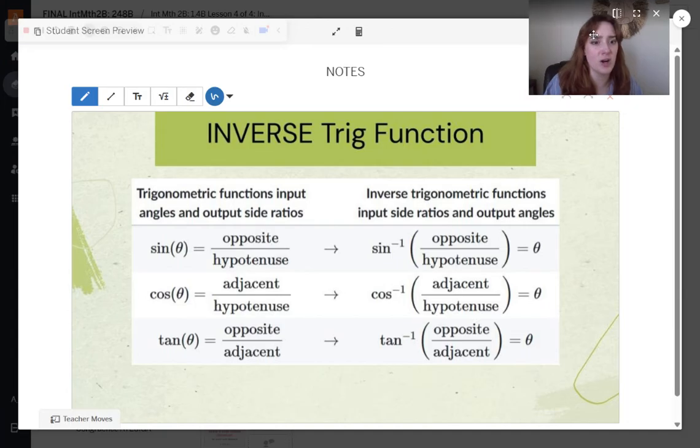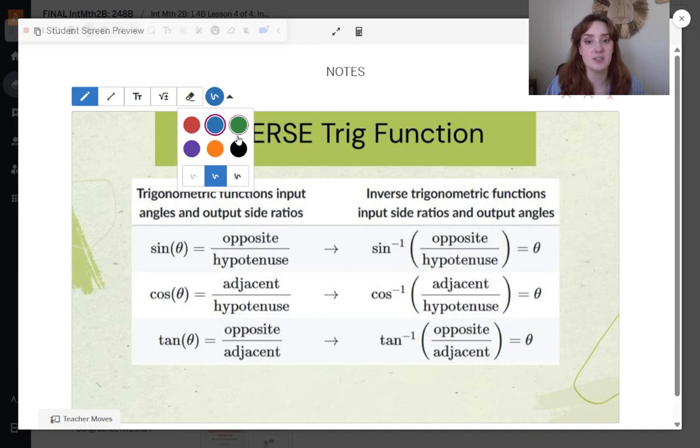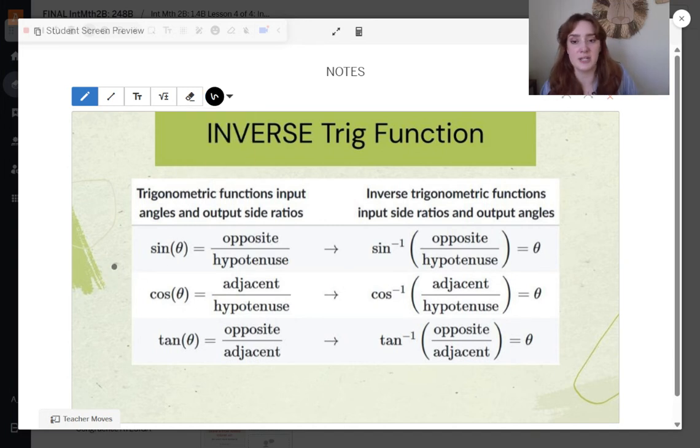We're now on slide 4. Very similar, we see inverse happening with trig functions. This is our standard SOHCAHTOA. I'm going to write this out, SOHCAHTOA. What's happening here? Our goal before, when we're using SOHCAHTOA, was to find the ratio: opposite over hypotenuse, opposite over adjacent, adjacent over hypotenuse.